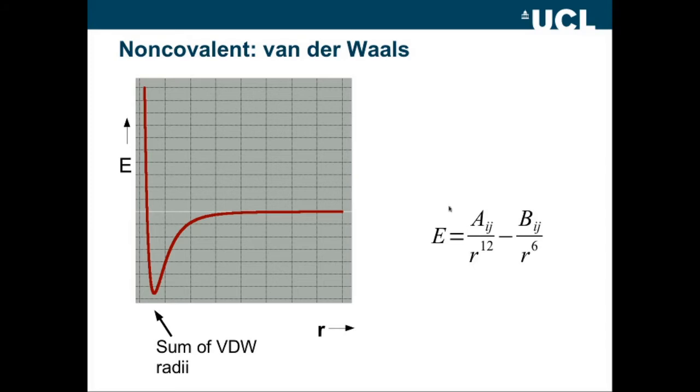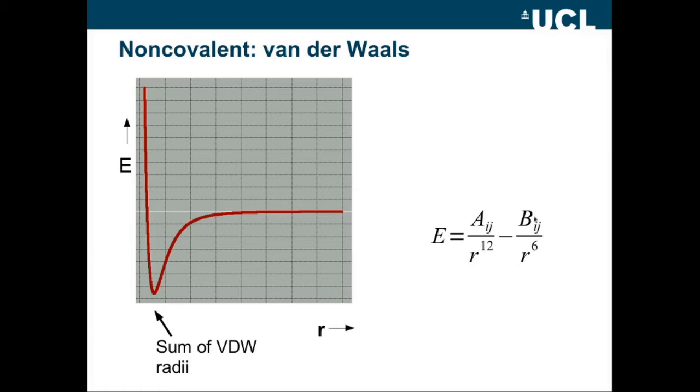Now the equation that describes this is shown over here on the right. We have a positive energy which falls off with power of the radius, the separation, to the power of 12. So obviously if you multiply a number to the power of 12, it becomes very big very quickly, and that means that the repulsive effect is only very, very short range.